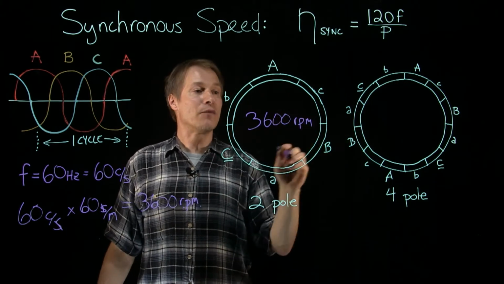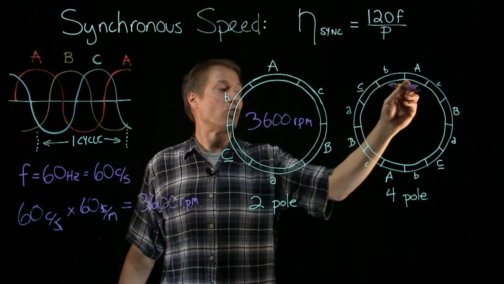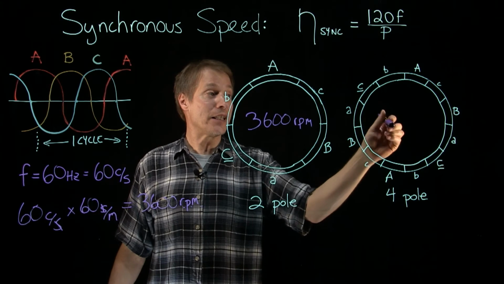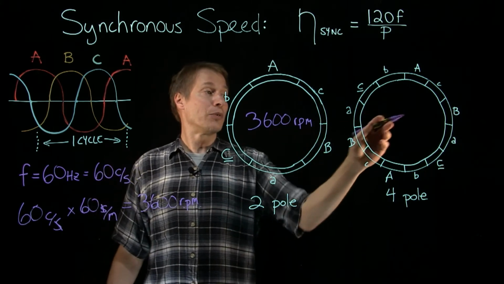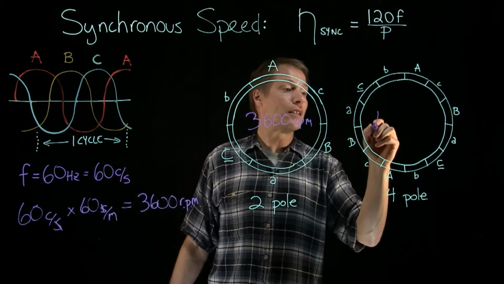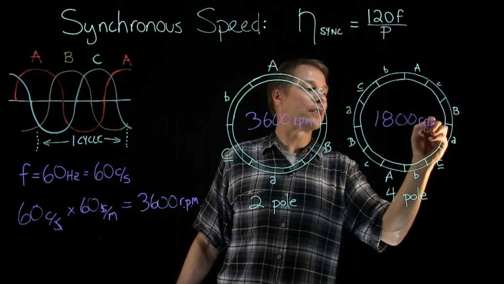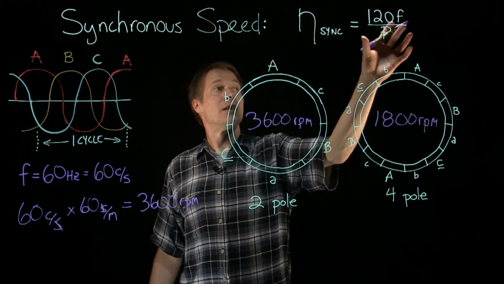If one cycle gives us one full revolution here, this one cycle gives us only half a revolution. Does it make sense that this is going to spin half the speed as this? So what we can do is take this number and cut it in half, and the 4-pole will give us 1,800 RPM.